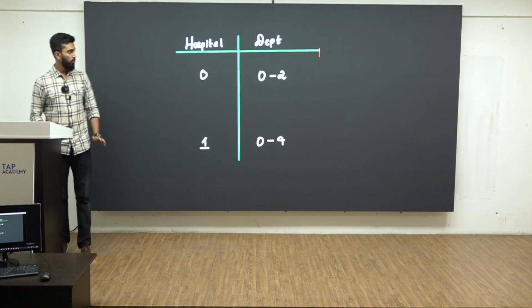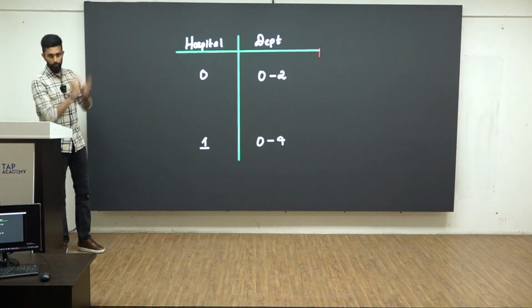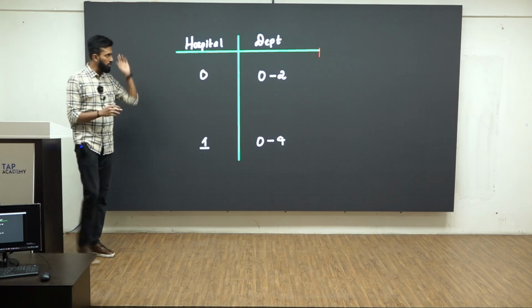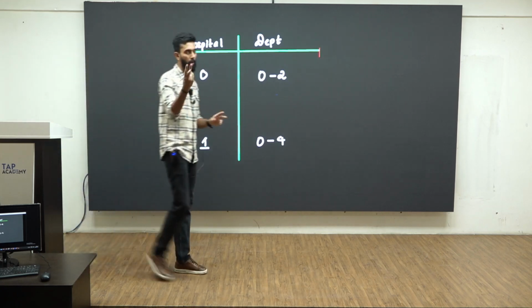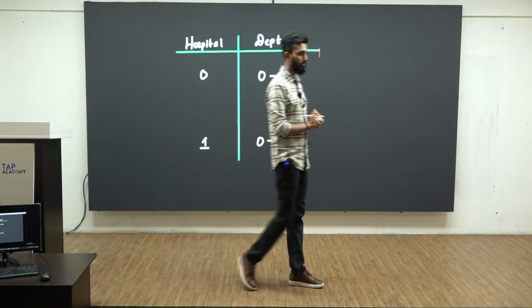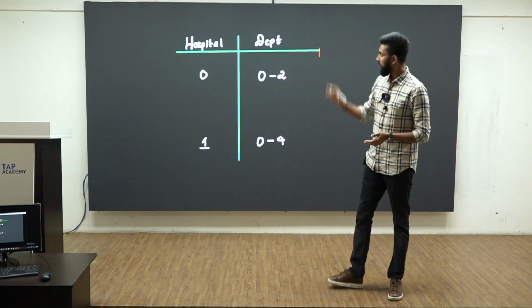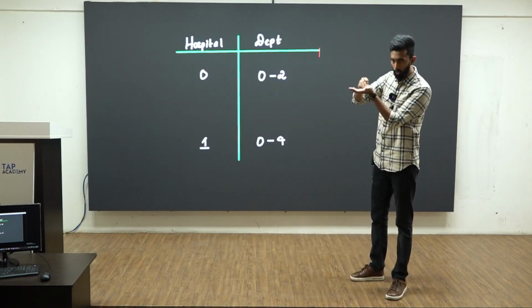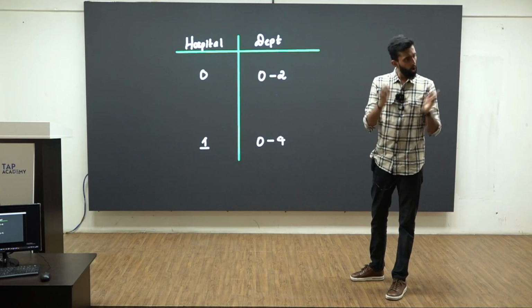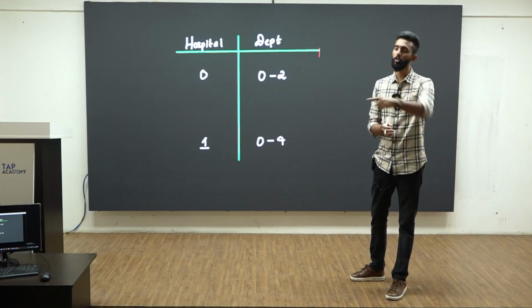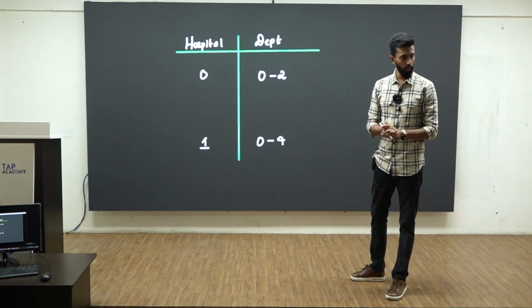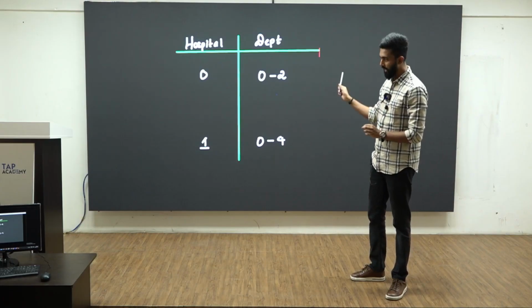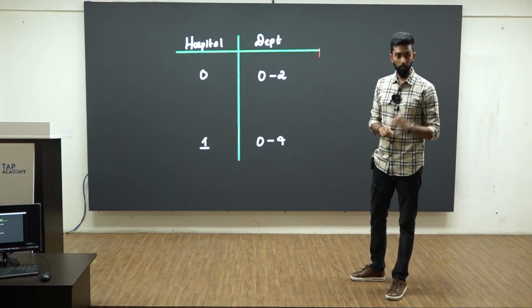Clear? Now, tell me, you need to create an array. First of all, what is the dimensionality of this array? 2 dimensions. Hospital, department. Yes or no? Tell me, is the data you are going to store homogeneous or heterogeneous? Homogeneous, because number of doctors, all are integers. Correct? But tell me, is my data regular or jagged?